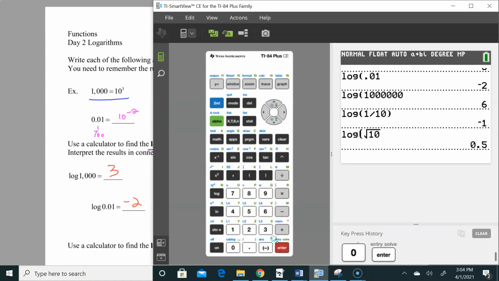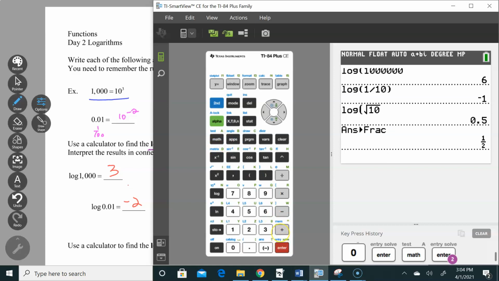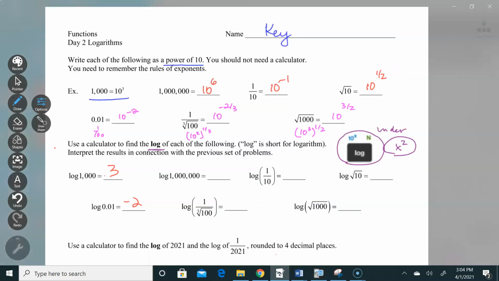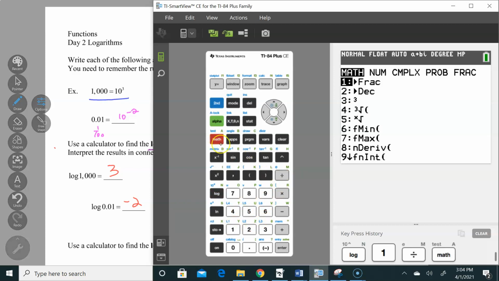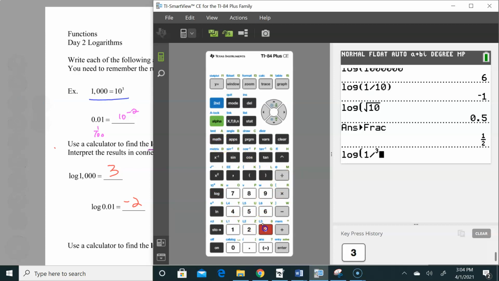And those are my results. If you want to make that into a fraction, we can make that into a fraction. So this was 6, this was negative 1, this was 1/2, and then these last two I'm going to put into the calculator, and I get log of 1 divided by the cube root. Oops. Gotta go back.